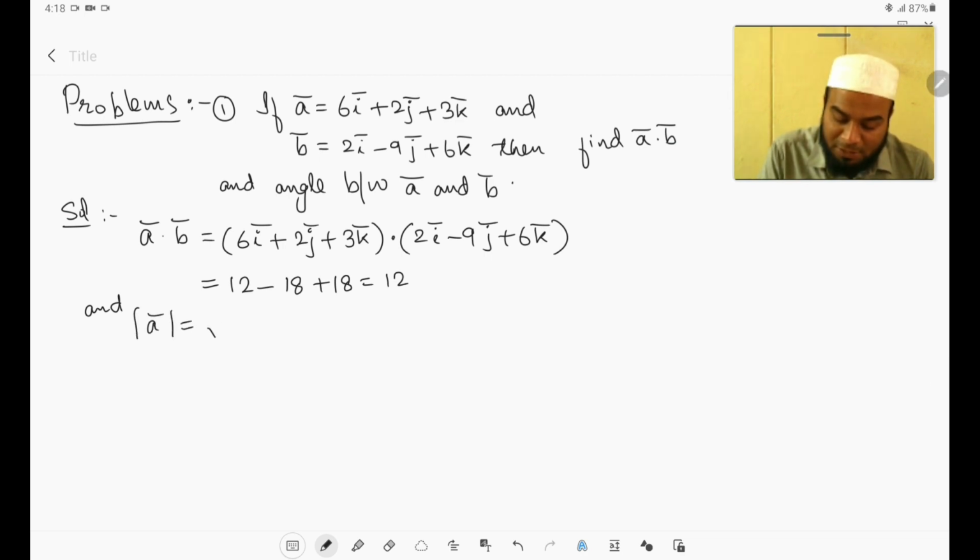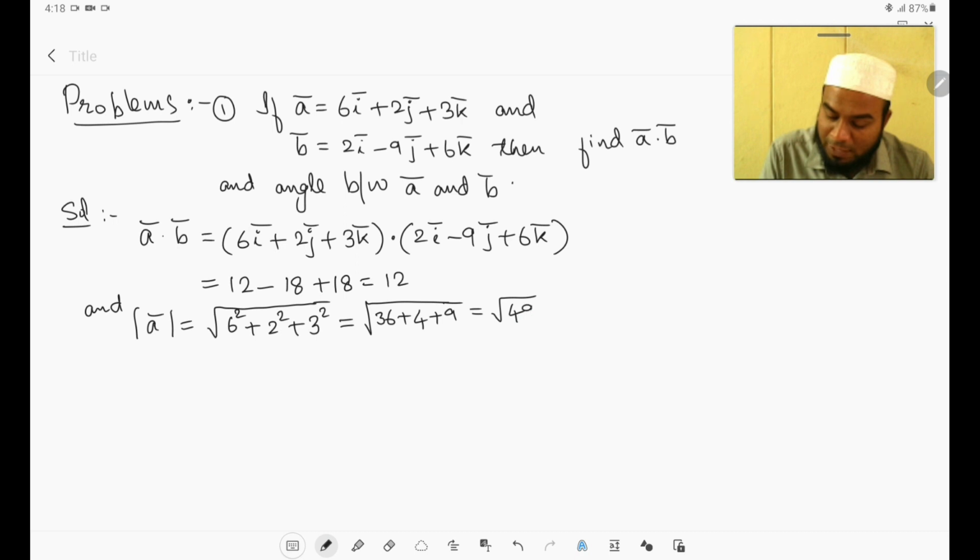Mod a bar is nothing but the square root of 6 square plus 2 square plus 3 square, which simplifies to 36 plus 4 plus 9. Simplify this, what we will get?